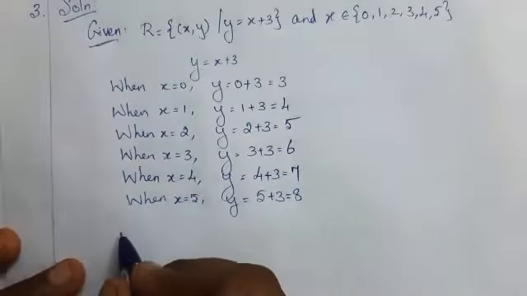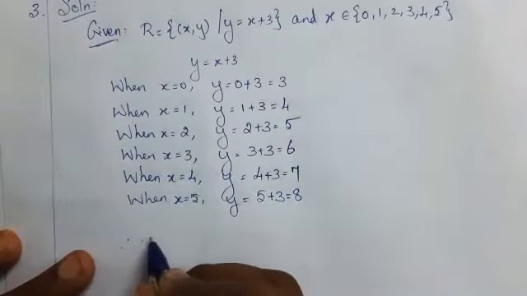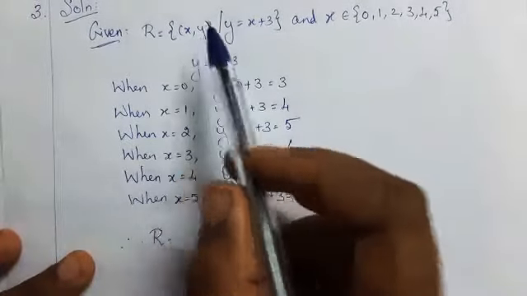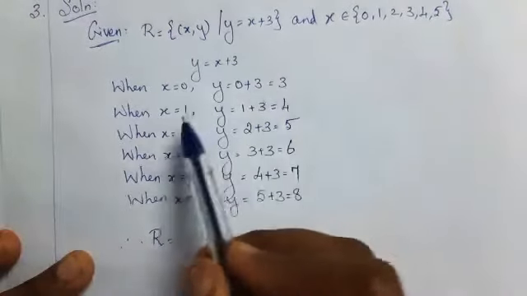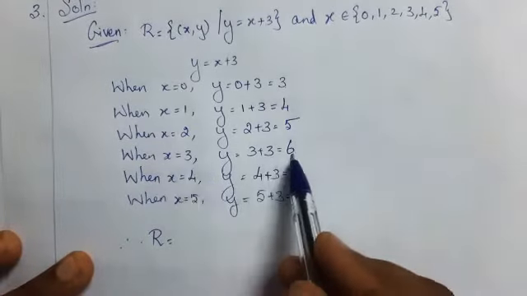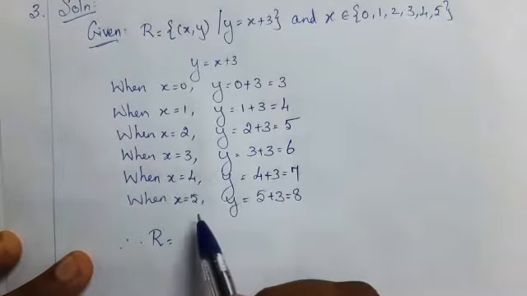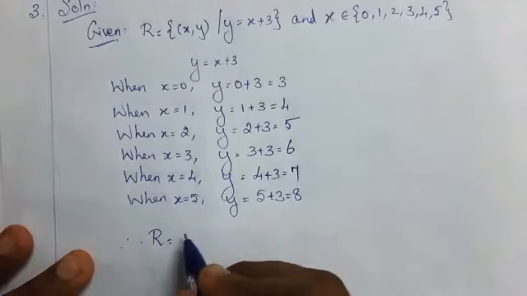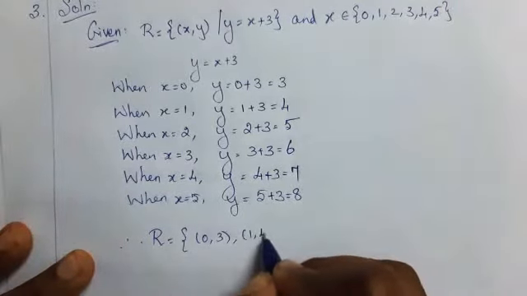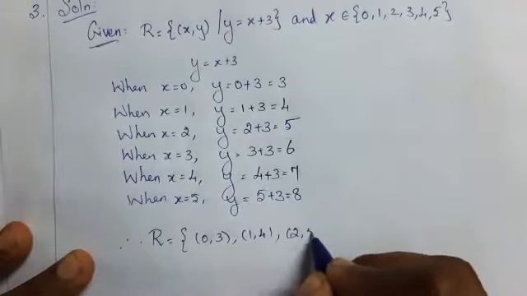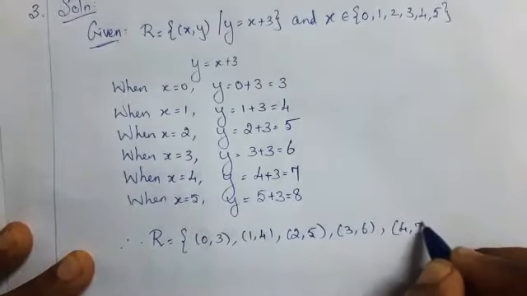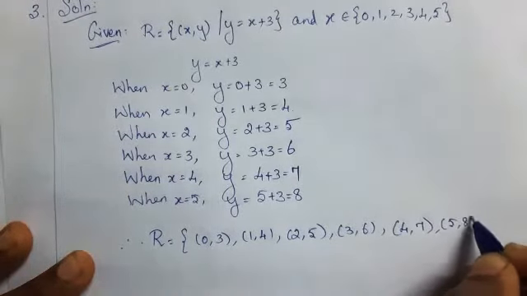Now write the relation. Therefore, capital R is equal to {(x, y)}, that is (0, 3), (1, 4), (2, 5), (3, 6), (4, 7) and (5, 8).